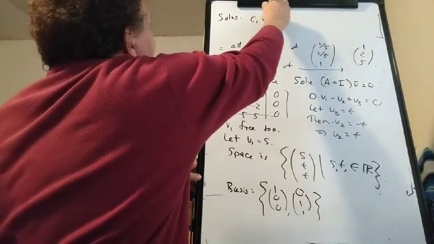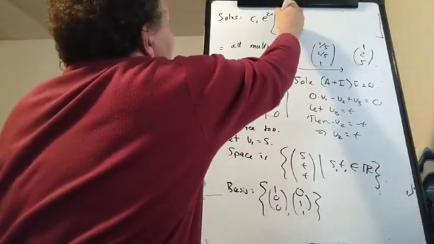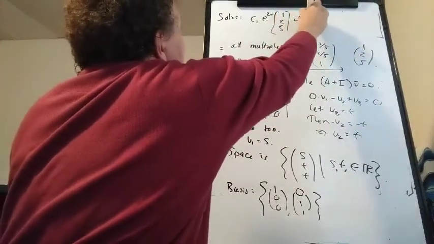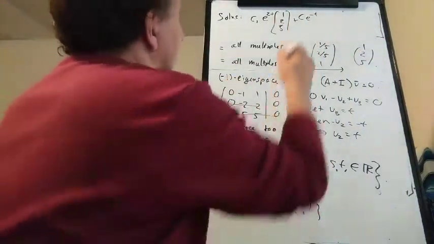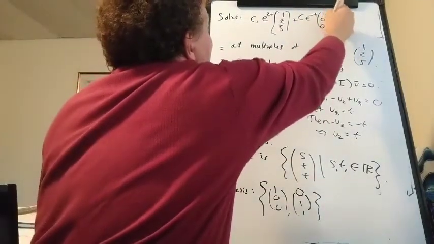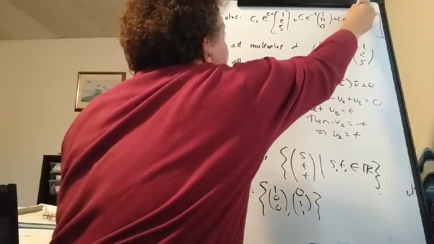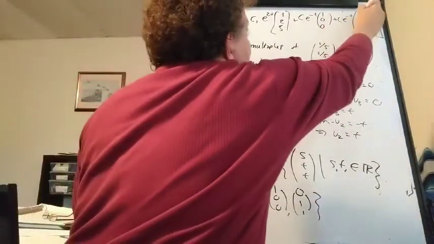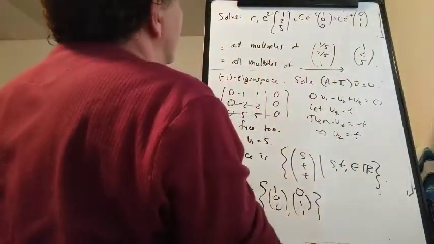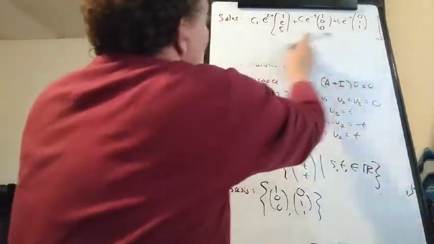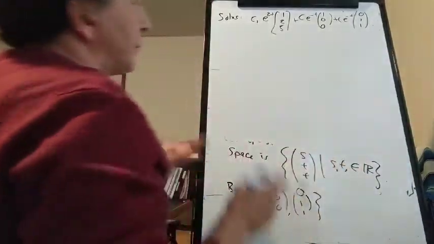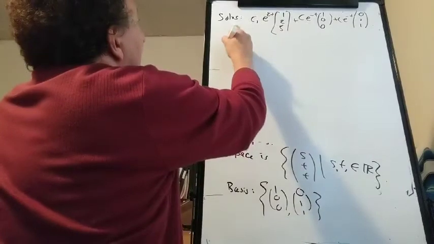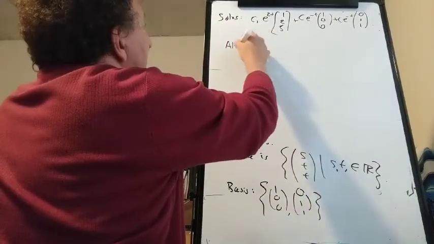So anything e to the 2t times this vector, 1, 2, 5, plus anything e to the negative t, now we're using the -1 eigenspace, this vector, 1, 0, 0, plus anything e to the negative t, 0, 1, 1. That's the set of all solutions. I think that's a perfectly nice way to write it. Other people might write it in a slightly different form.